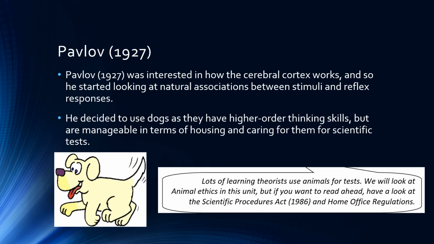So it would be handy to start having a look at those now. They will be coming into some of your studies as evaluation points. Obviously, you can't use human ethics. We don't expect animals to be able to do things like consent because they can't, but there are a wide range of very specific animal ethics surrounding animal research. So it would be really helpful to start looking into that and start building a little bit of wider reading around the Scientific Procedures Act and Home Office regulations.